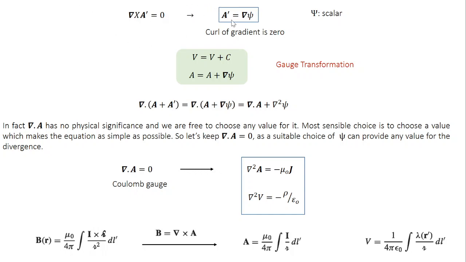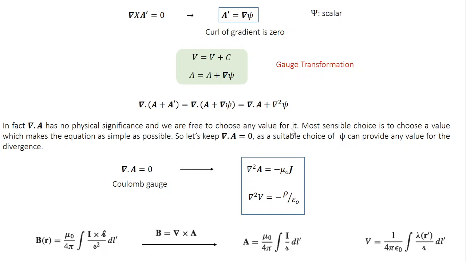Now, having defined A prime, I can write the divergence of A plus A prime as the divergence of A plus grad psi, which is the divergence of A plus del square psi. Now this term, divergence of A, has no physical significance and we are free to choose any value for it.